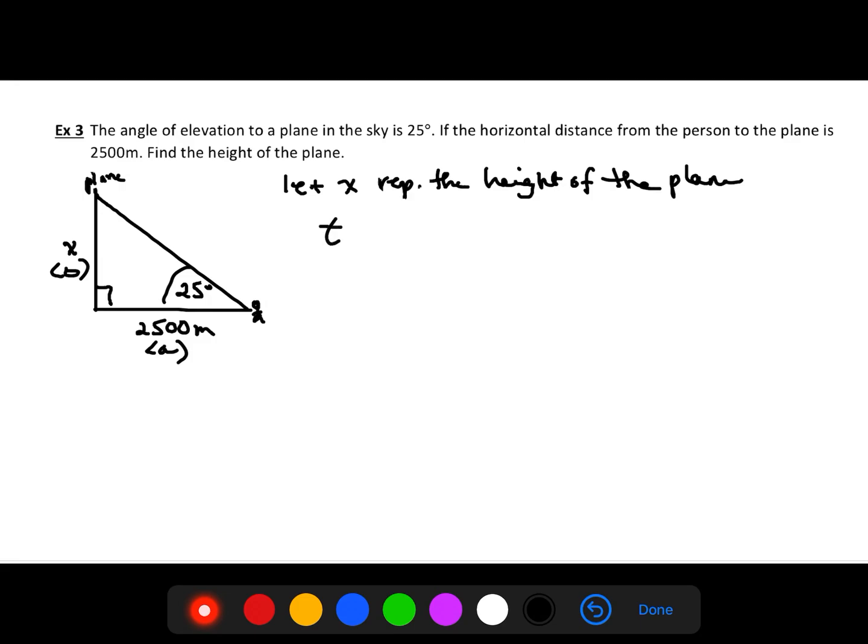And again, looking for which ratio we need to use. So we are looking for opposite. We have the adjacent. So we're going to use tan again. So tan of 25 is equal to x over 2500.